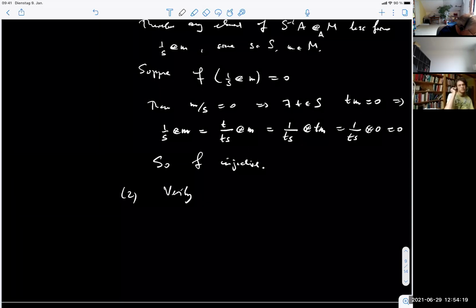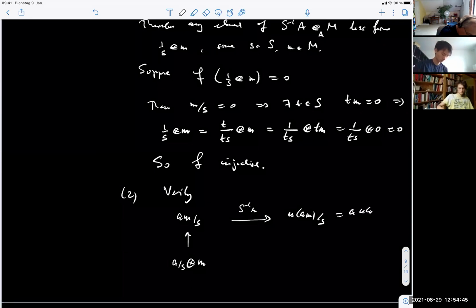On generators. Down here, I have a over s tensor m. Up here, I have a m over s. So this is the one map. Then this is the localization map, which goes to u a m over s. That's the way I defined it. But this is the same as a u m over s.